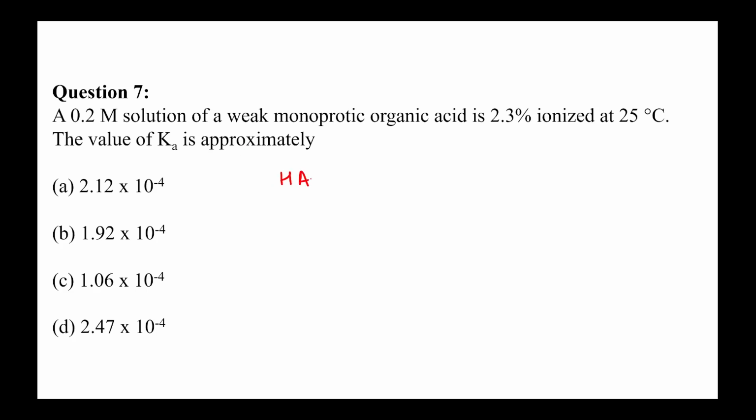Let's just take an example of a hypothetical acid HA, which is dissociating into H plus ions and A minus ions. The rate of dissociation is 2.3%.